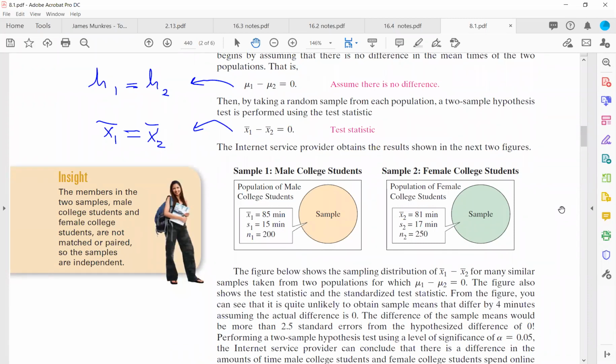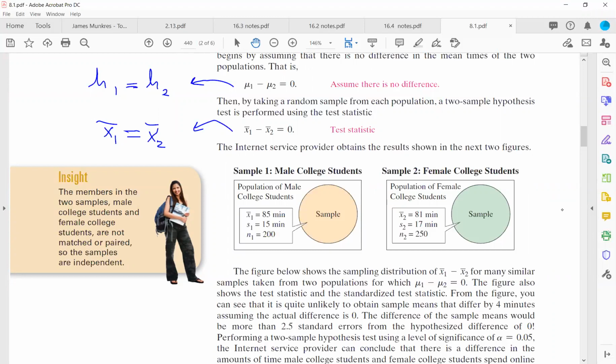Take a look at these two populations and the samples taken from these two populations. We know that these two populations are different from each other, and you're taking two independent samples. The first population is population of male college students. The second population is population of female college students. You're taking a sample from the first population and a sample from the second population.